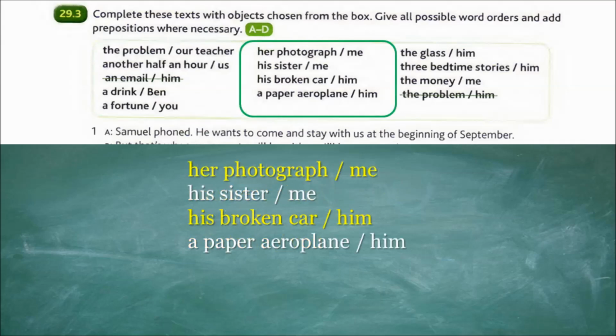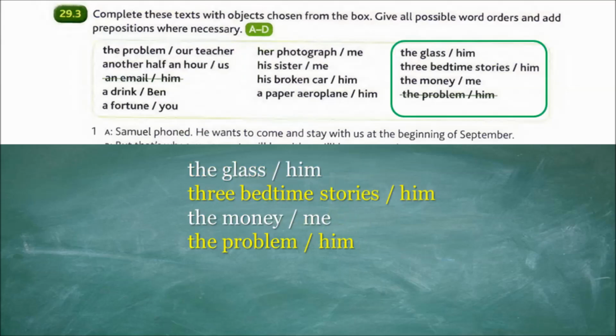Her photograph, me. His sister, me. His broken car, him. A paper aeroplane, him. The glass, him. 3 bedtime stories, him. The money, me. The problem, him.